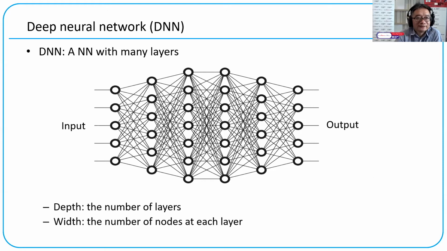Width is the number of neurons or nodes along the vertical direction of each layer. So you have width and depth. A network used in deep learning is one where the depth is very large, with many layers.